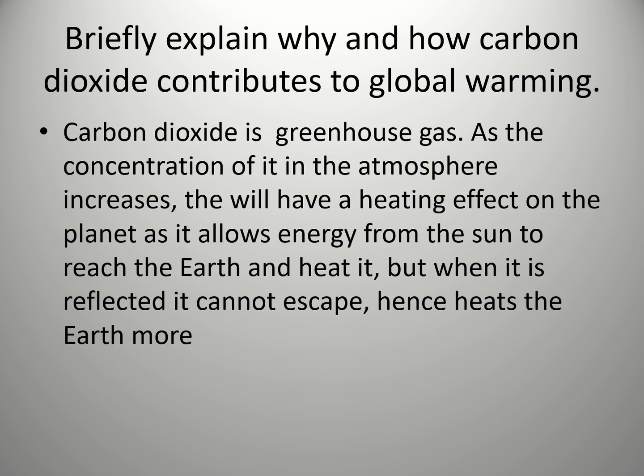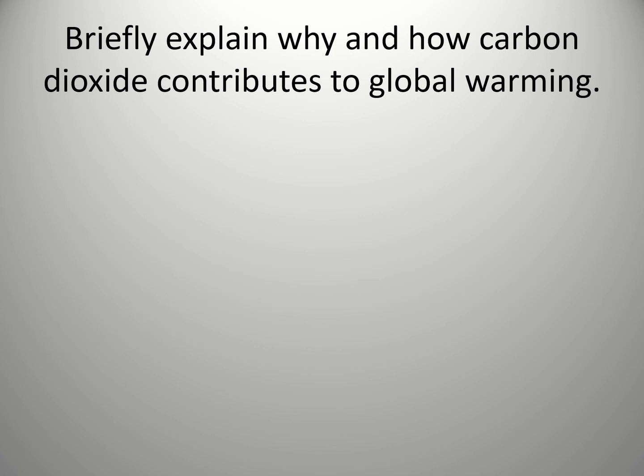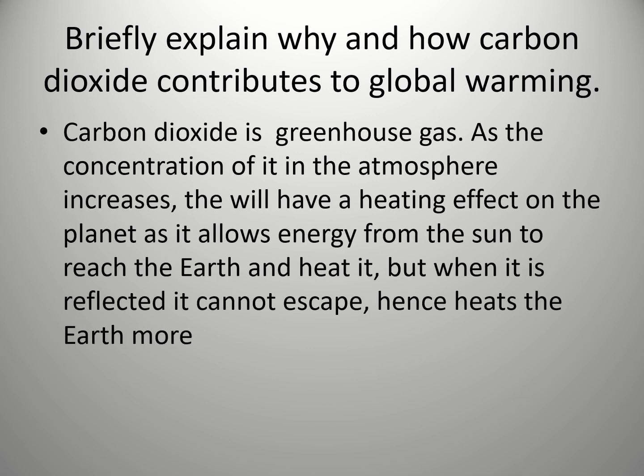So you've got to be able to briefly explain why carbon dioxide can cause this global warming, and that's talked about on page 8 of your notes, so you should be able to do that reading. Basically, carbon dioxide is building up in the atmosphere, and it's really good at grabbing heat energy.